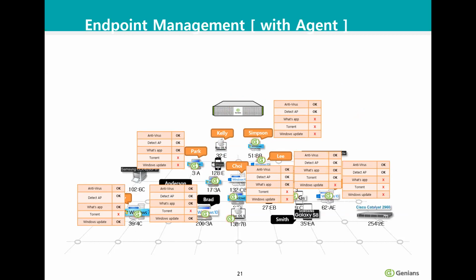And we make groups for each status. We will show the status: the antivirus latest version is installed on 9 out of 10 devices, and we detect WhatsApp, which 5 out of 10 users use, and Torrent, which 1 out of 10 users use, and Windows Update latest as well. We make the groups regarding each status.